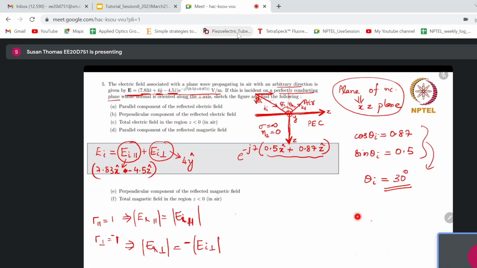Now let's start writing the expression. What is given to us is the incident electric field. The first question is the parallel component of the reflected electric field, so let us first find ER parallel.